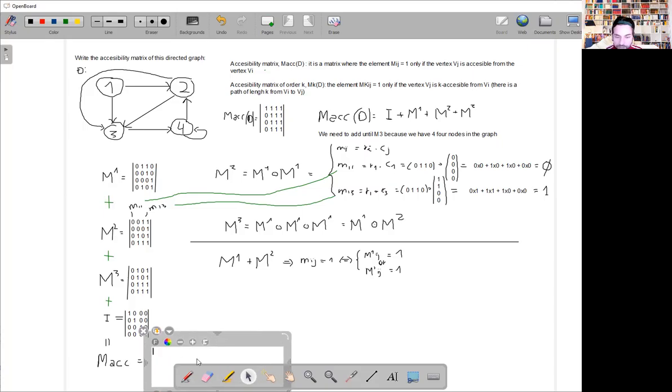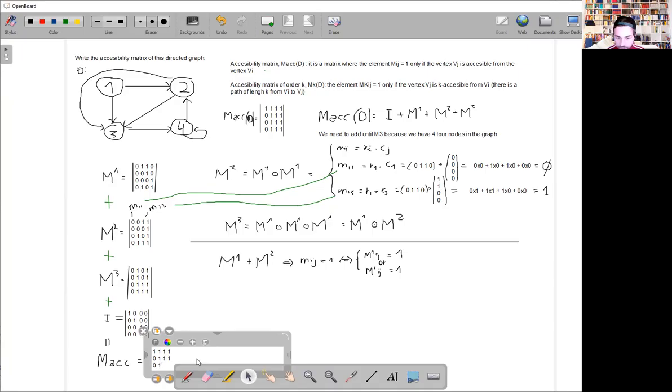For the first position, there is a 1 on the identity matrix. For the second position, there is a 1 on M1. For the third, there is on M1. For the fourth position, there is on M2. Here, there is a 0 in all matrices. Here, there is a 1 on M3. There is a 1 here on M1. And there is a 1 here on M2. Here, there is a 0 on all matrices.